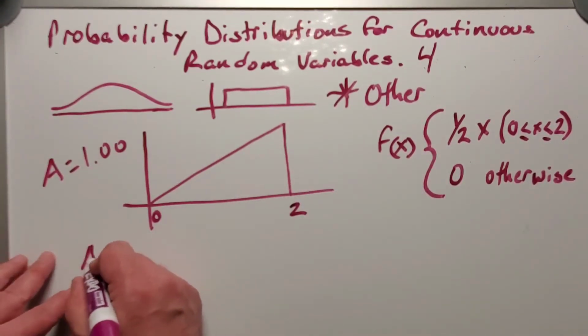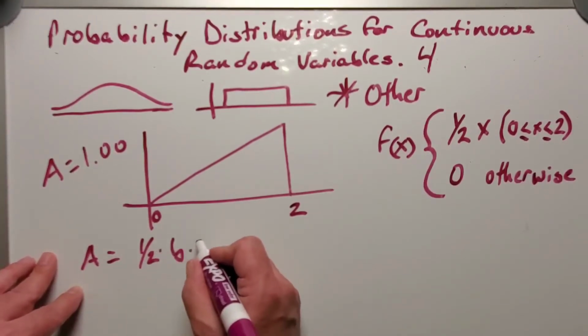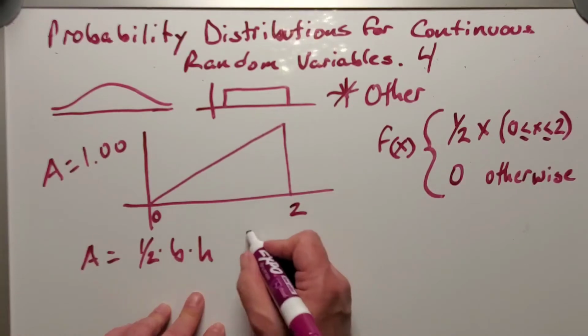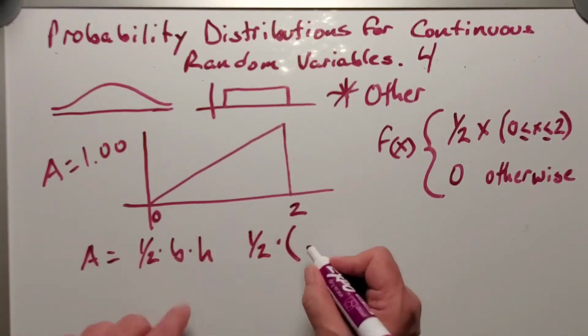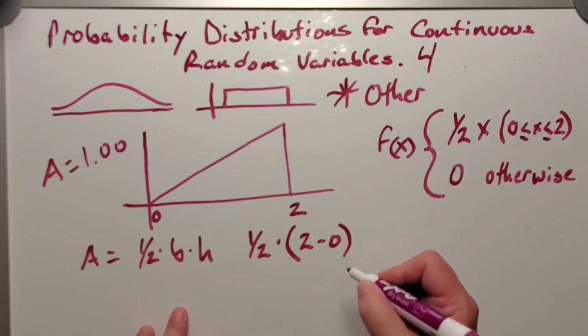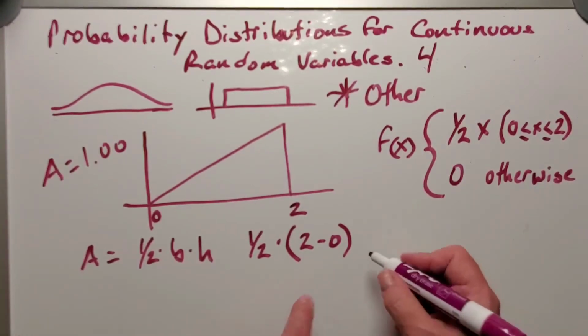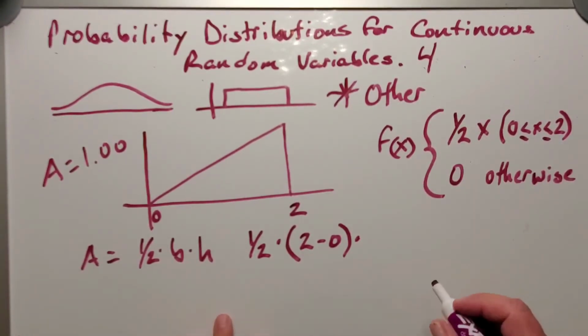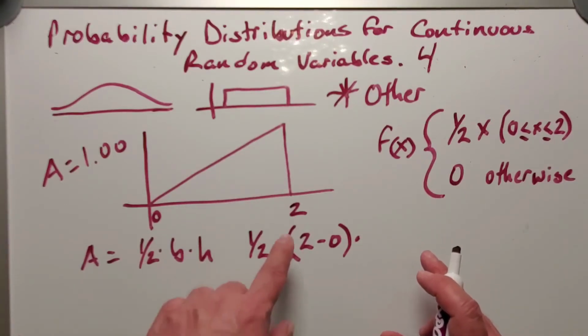The area of a triangle is 1/2 base times height. So if I take 1/2 times the base length, right endpoint minus left endpoint, might seem redundant to write 2 minus 0, but let's just be careful and go through all the steps. Right endpoint minus left endpoint, 1/2 base times height, we're going to get 1. Let's just make sure that we see what the height is right there.